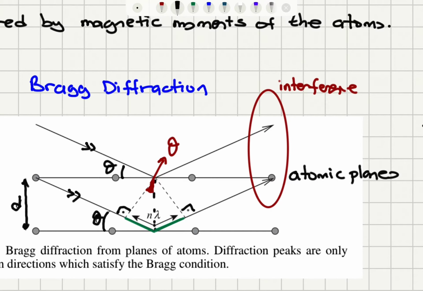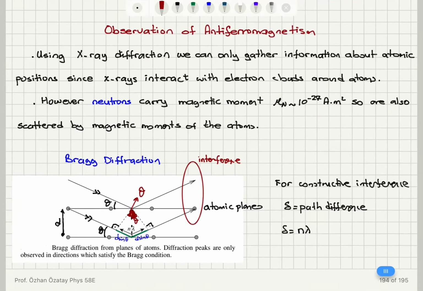So let's show this with blue. This side is d sine theta, and this side is also d sine theta, because you have the same angle theta here. Therefore we find that the total path difference is 2d sine theta. So 2d sine theta must be equal to n lambda for constructive interference.